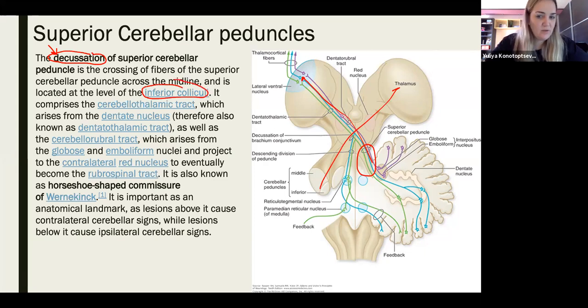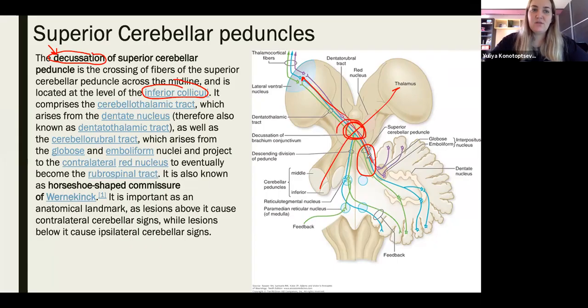Okay, so inferior colliculi, I'm afraid to ask, do you remember last class or no? We have superior and inferior colliculi. They had something to do with visual and auditory input, right? So the inferior colliculi are going to be exactly here. Right here where the decussation happens, that's where the inferior colliculus will be.